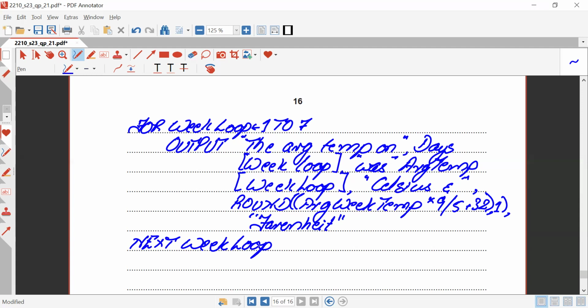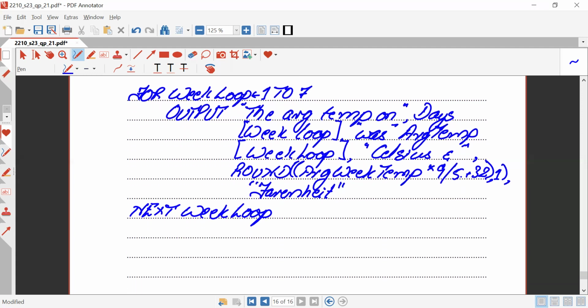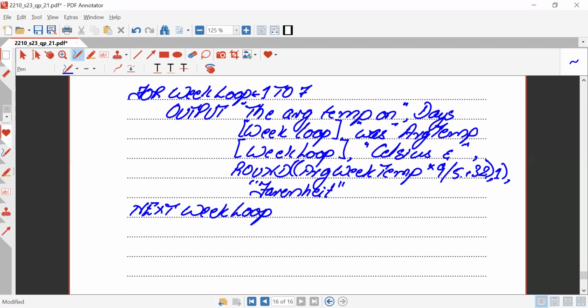Okay. Now we are going to output the final temperatures. So how are we going to output? We were just saying output statement. Now what will be the output statement?